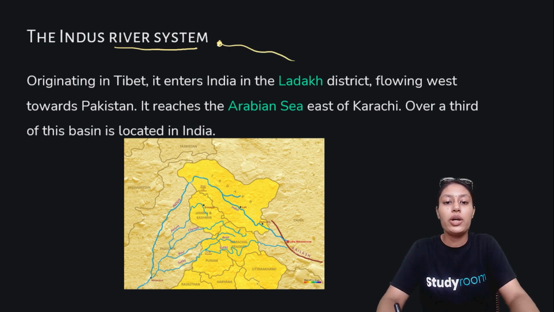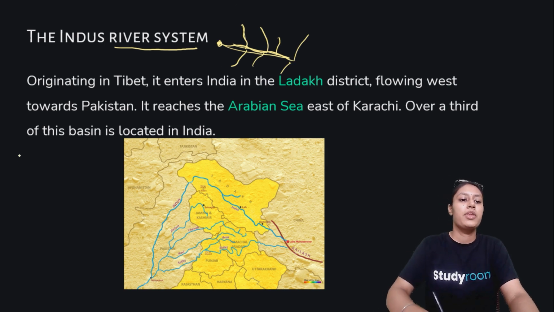It's not a single path that this river follows. There are many tributaries that join the main route of the Indus system. So the path followed by a river, not only the main stream but also its tributaries, is called a river system.